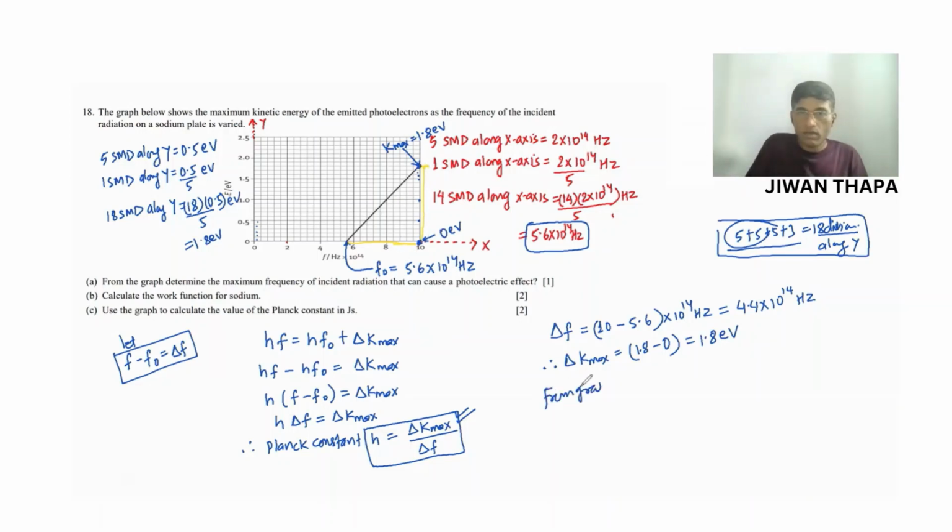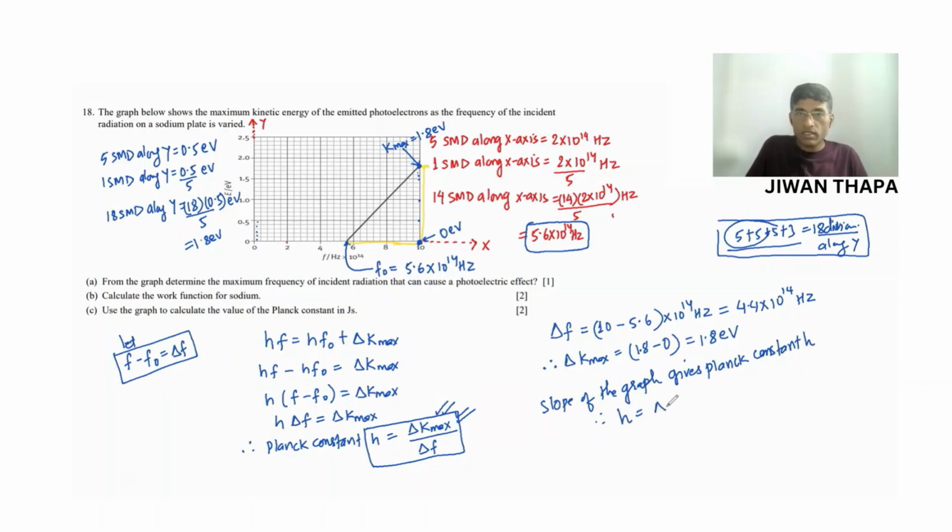If we find the slope of this graph, what does the slope give? As I said earlier, the slope of the graph gives Planck's constant h.